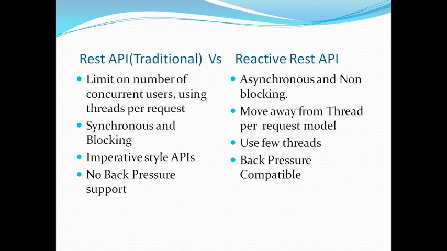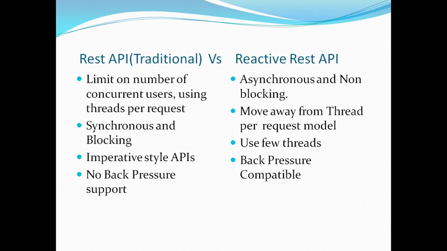If the number of requests reaches the maximum limit, then any of your currently running threads may need to enter into a blocked state. That is the limitation of traditional REST API applications. Every request coming to your application needs a new thread object, so it's called the thread per request model.